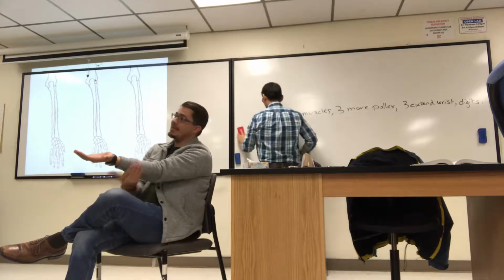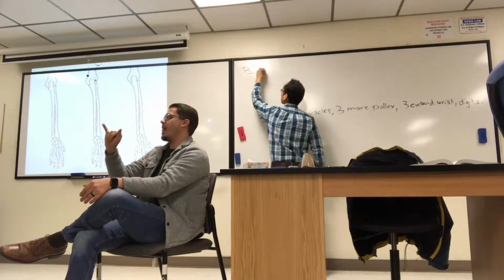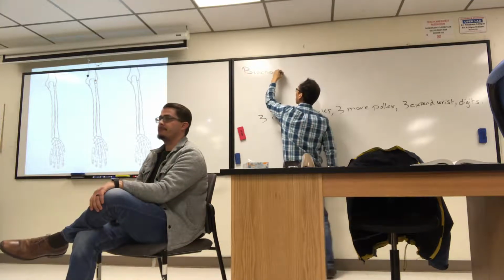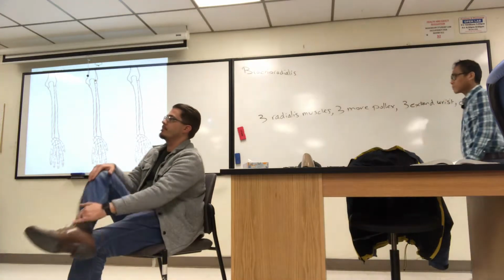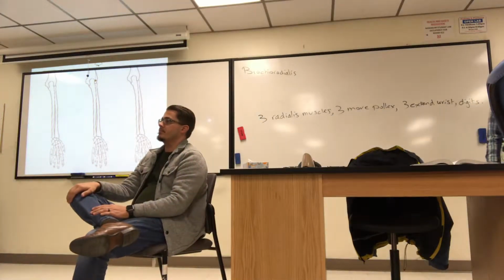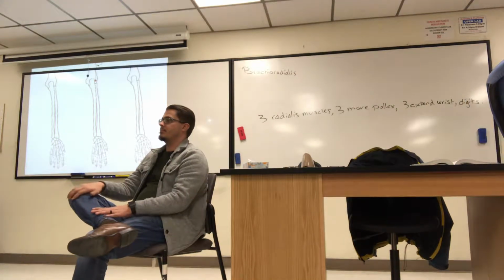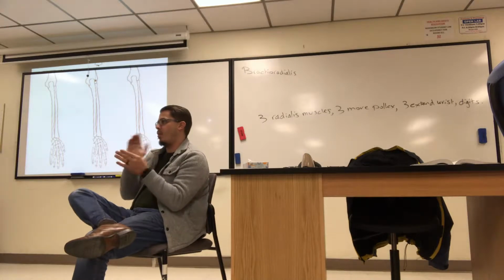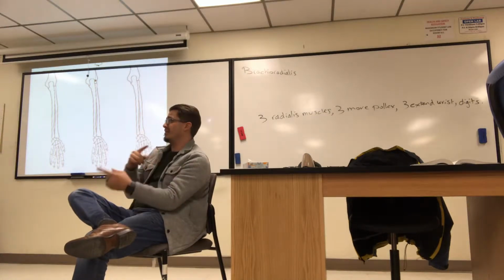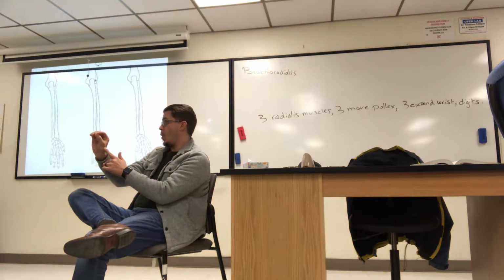For example, you have brachioradialis. This muscle is always misnamed by students. It's a tough one for you to remember, the name, brachioradialis. I've seen all variations of that.